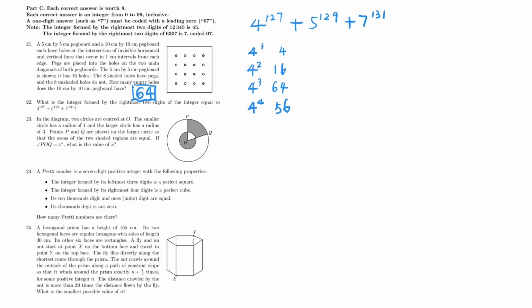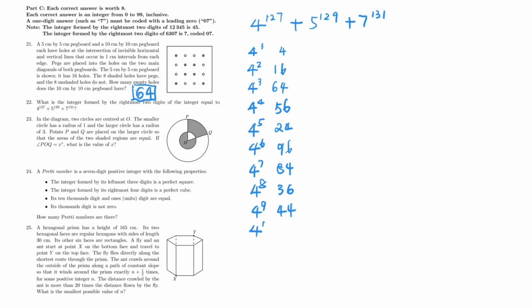Last 2 digits, 56. 4 to the power 5, I just write down the last 2 digits, use the 56 times 4, that's 24. 4 to power 6, use 24 times 4, that's 96. 4 to power 7, that's 84. 4 to power 8, that's 36.